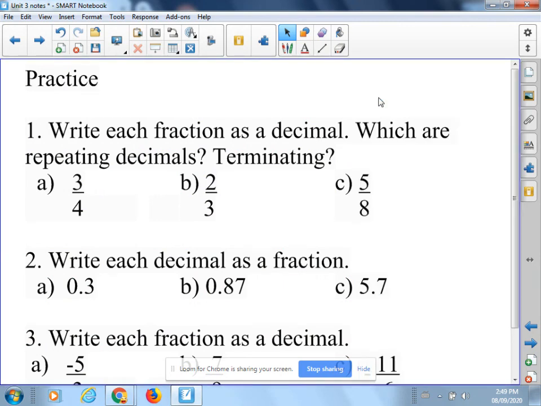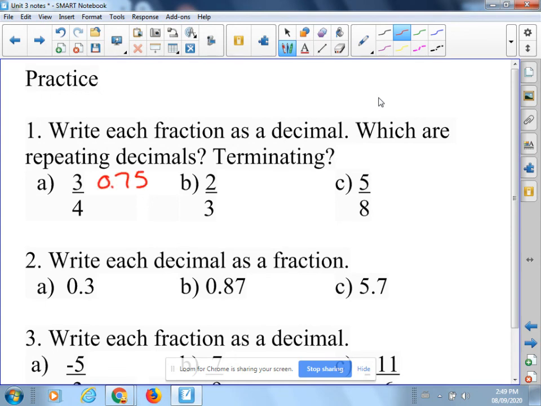Alright, practice. Write each fraction as a decimal, and say which are repeating and which are terminating. So again, if you would like to pause me and do some questions on your own, feel free to do so. If you would like to do them along with me, that works as well. So, as a decimal, 3 divided by 4 is going to give me 0.75.